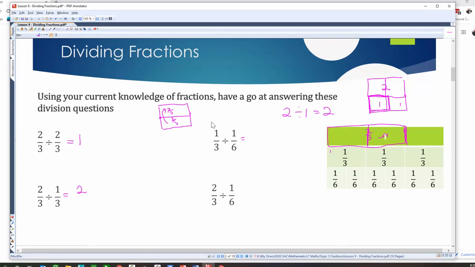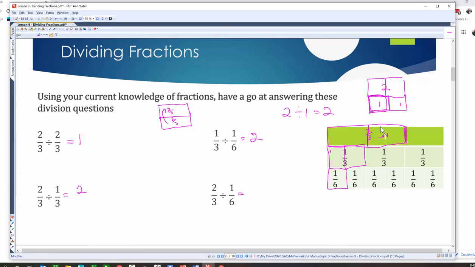All right, what about 1/3 divided by 1/6? That is, how many sixths am I going to get into a third? Here's the sixths down here, and here's a third. So there's 1/6. And note that I'm going to get one of them in there and another one in there. The answer to this question is also 2. All right, if I've got 2/3, how many lots of 1/6 am I going to get into 2/3?